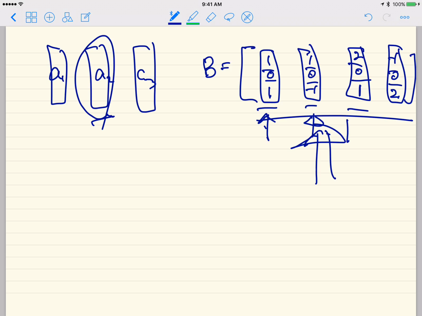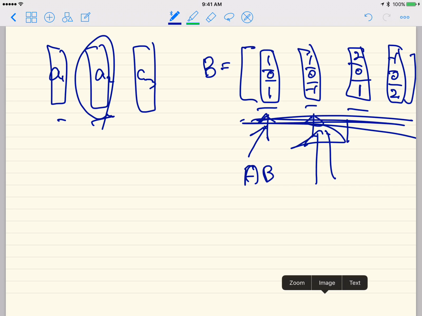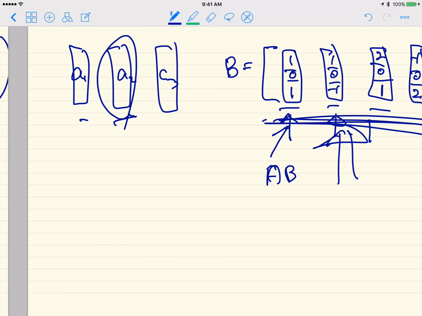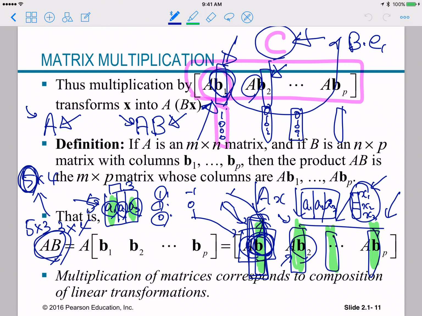So it's possible that some of the original vectors and some of the original components may not be included in those linear combinations through B. That's why the span of A times B is smaller than, or it can be equal to, the span of the original matrix A. Any questions?